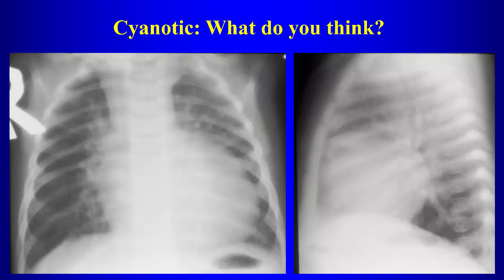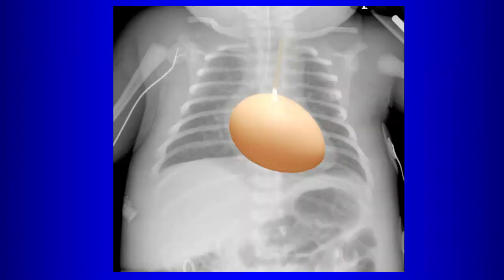The second thing is with transposition, the configuration of the vessels, rather than being side by side, they may overlap more, the aorta and the pulmonary artery, which also contributes to the narrowing of the mediastinum. Okay. So the egg on a string appearance is associated with transposition. When you use the word transposition, what is the definition of transposition? What does that word mean?